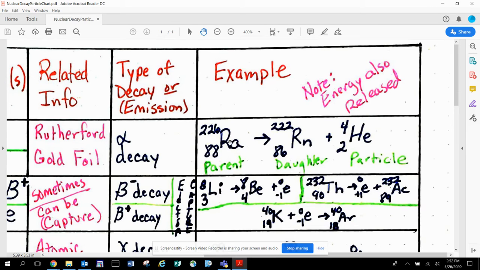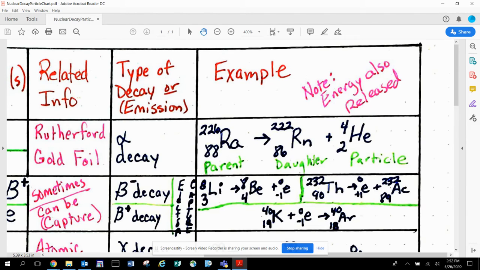You have radium-226, so this would be radium with 88 protons and 226 total nucleons, or the mass number of 226. And that decays into radon, which has an atomic number of 86, or 86 protons, and 222 nucleons. And the decay is the alpha particle.